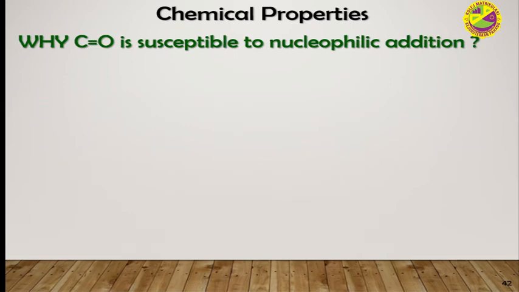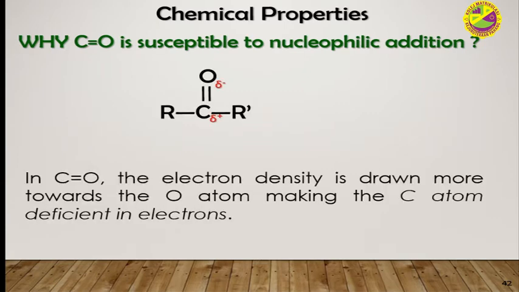First of all, we should ask this question: why is carbon double bond oxygen susceptible to nucleophilic addition? If we look at the structure of carbonyl compounds, the electron density is drawn more towards the oxygen atom, making the carbon atom deficient in electrons. This will make the carbon a suitable electrophilic site.